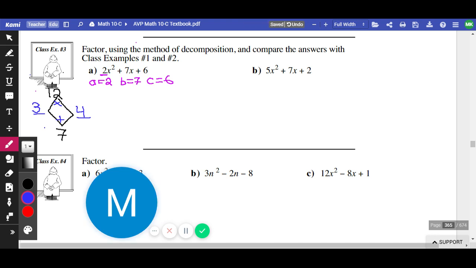Okay, the actual building of the diamond hasn't changed. It's the exact same. Something else that's the exact same is that when you take a trinomial and you factor it, you always get 2 binomials. That's not going to change either. So I know my answer should have 2 binomials.